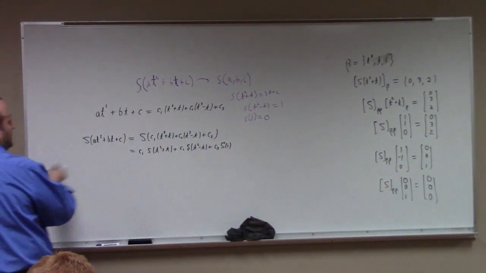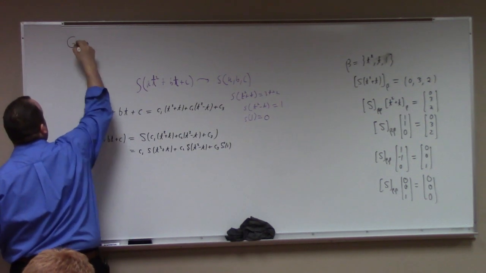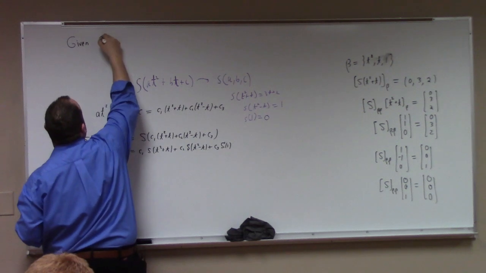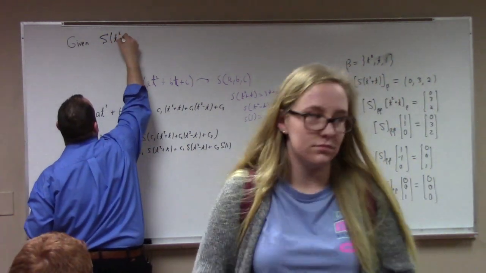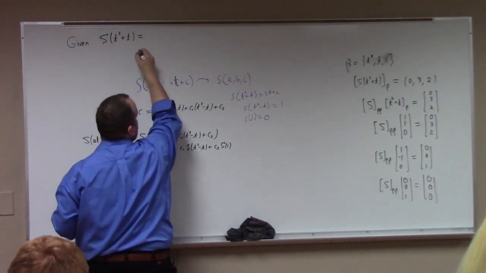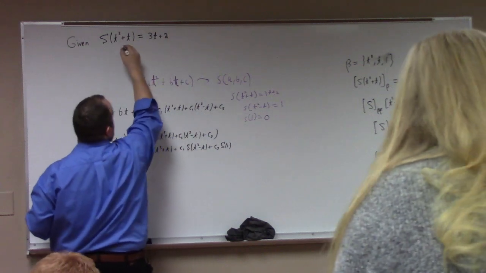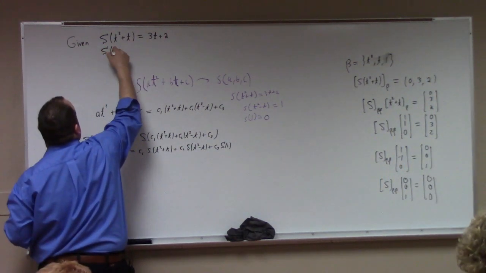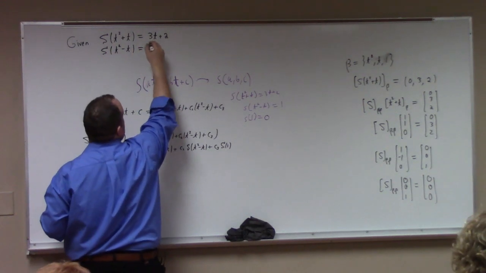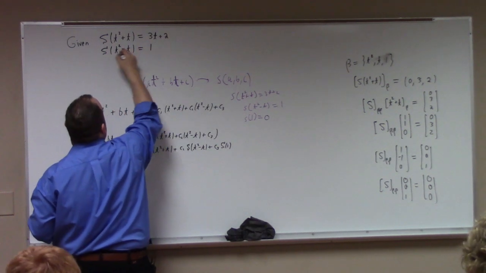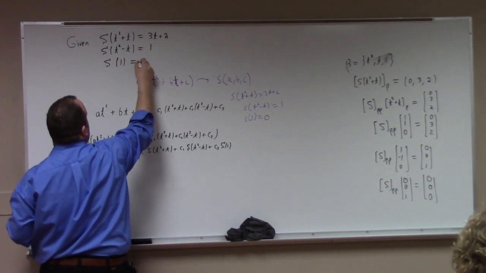The problem is this. We're given S of t squared plus t equals 3t plus 2. You're also given that S of t squared minus t is equal to 1. You're given that S of 1 is equal to 0.